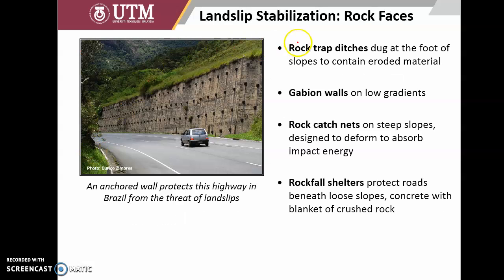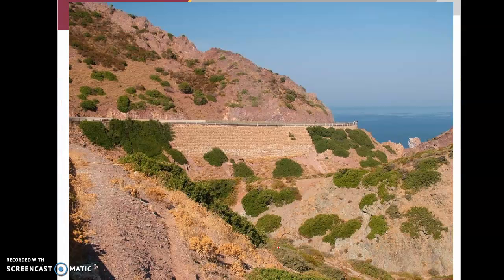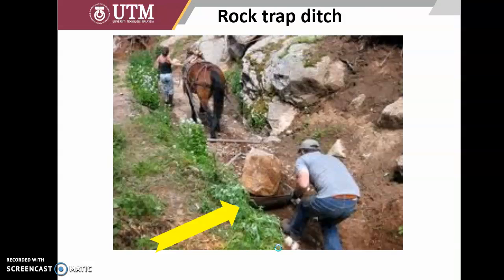In rock, we can do a lot of things: rock trap ditches, gabion walls, rock catch fences, shelters, and so on. This is another representation of the landslip stabilization. You can see rock box, gabion, rock anchor, of course drainage, geotextile also. So there are a lot of figures you can see by yourself.